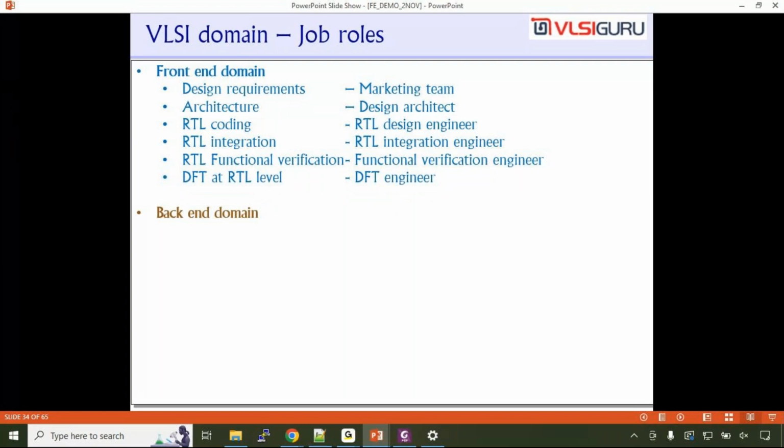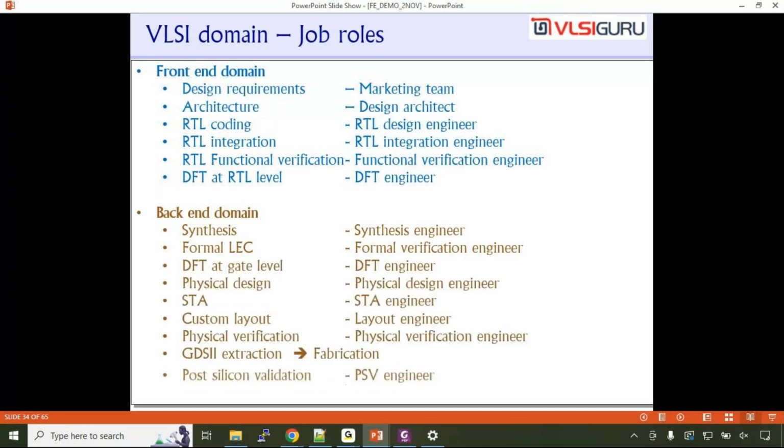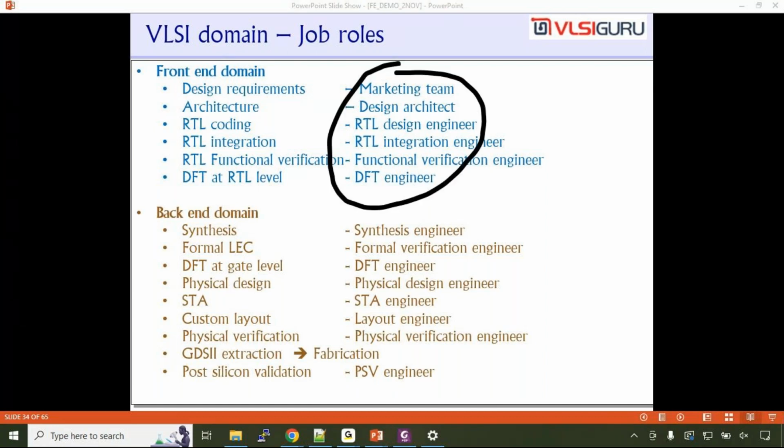DFT at RTL level is the DFT engineer. Synthesis is the synthesis engineer. Formal LEC. The point is, many of these you probably won't even remember. I'm trying to tell you that this many different people are involved. When you use a mobile phone, you should know that this many people have worked for this to happen.